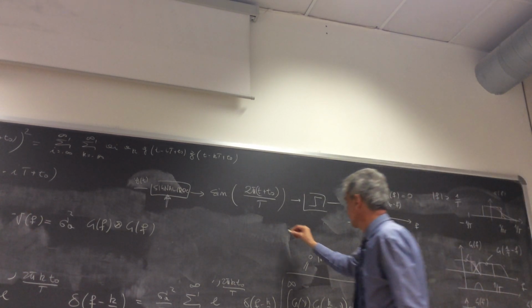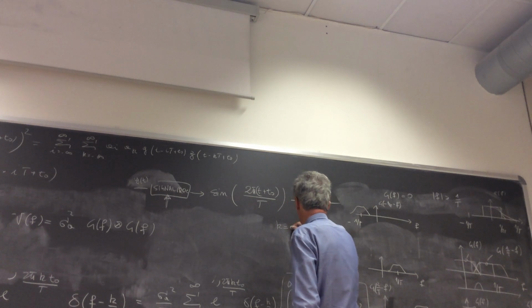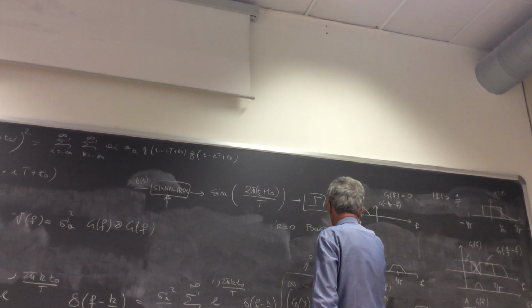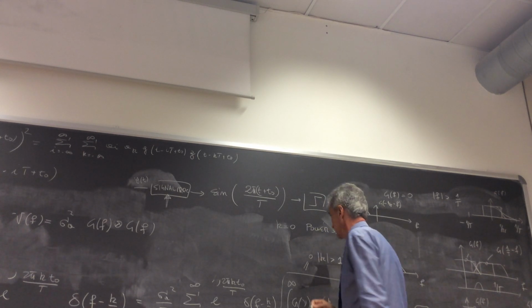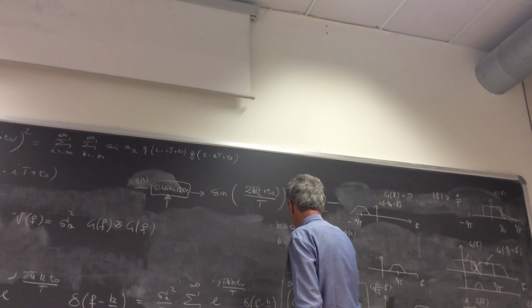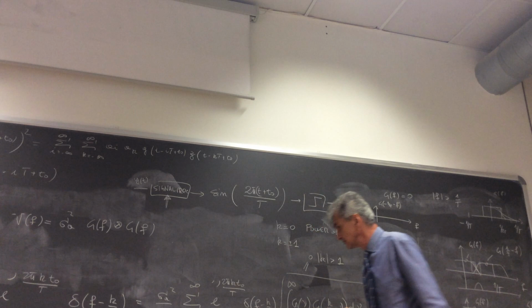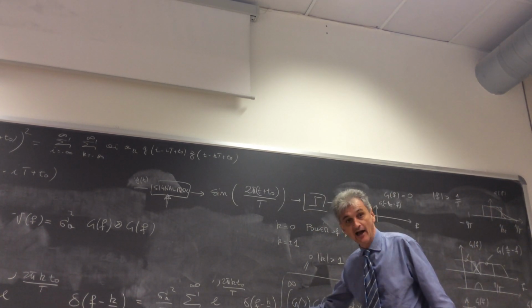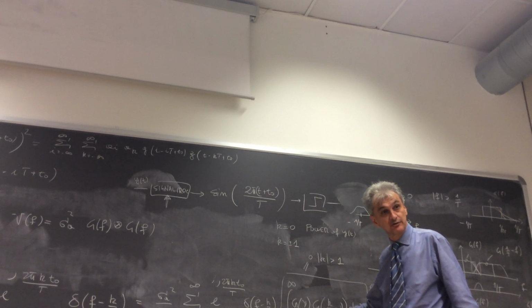So for k equal to 0, we have the power. While for k equal to plus or minus 1, you have something. You have a spectral line with an amplitude. Okay?